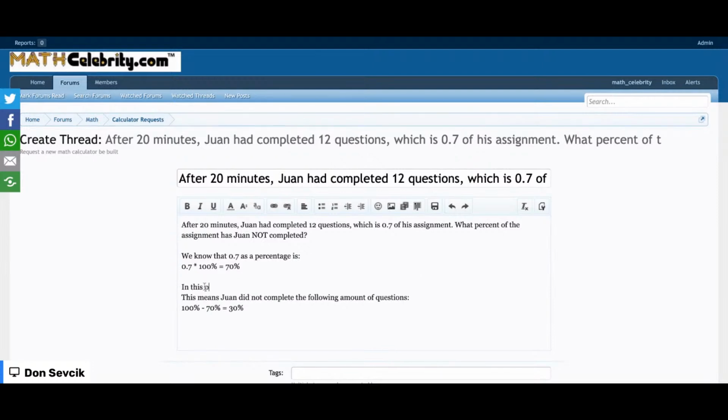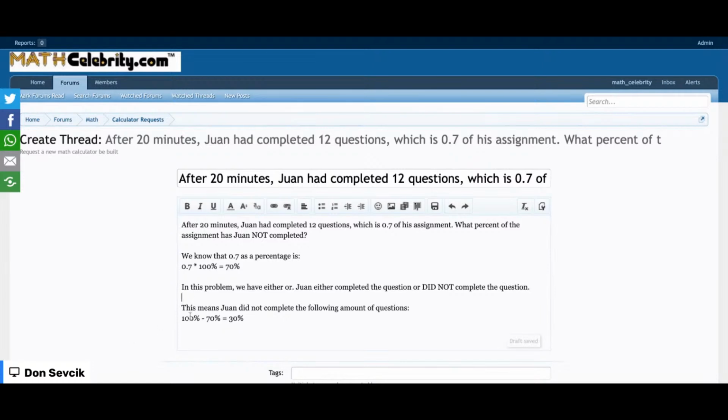we have an either-or. Juan either completed the question or did not complete the question. 100% of questions as one of two classifications.